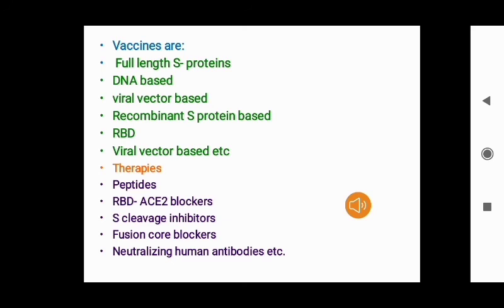Next one is fusion core blockers. Easy to design, inhibits virus infection with high specificity, but the disadvantage of this fusion core blocker is also yet to be identified. Another one is neutralizing human antibodies.